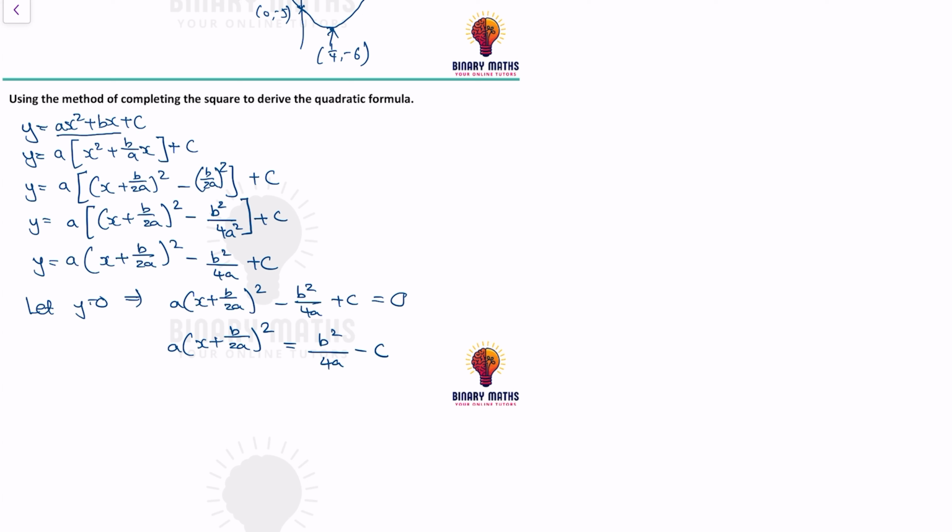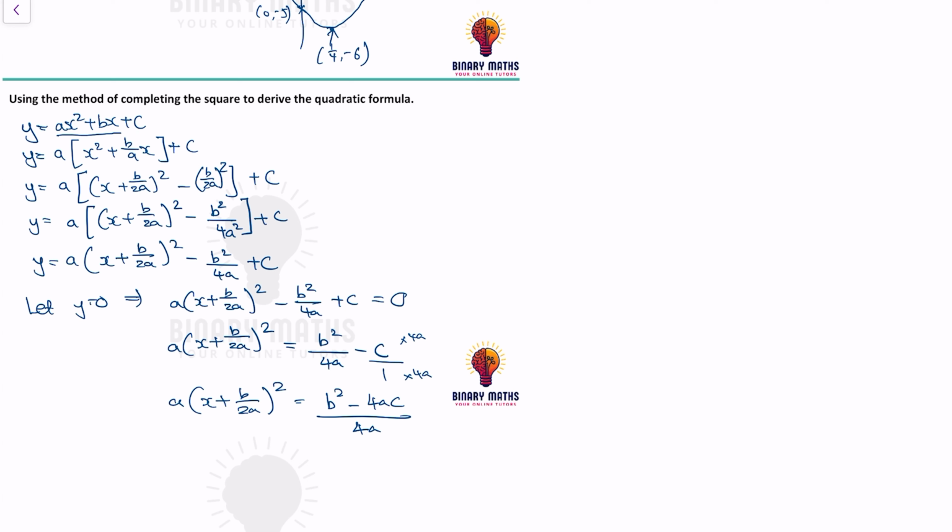So I get a times x plus b over 2a squared is equal to b squared here. It's over 1. If I times by 4a at the top and times by 4a at the bottom, I get the same denominator. So I get b squared minus 4ac over 4a.